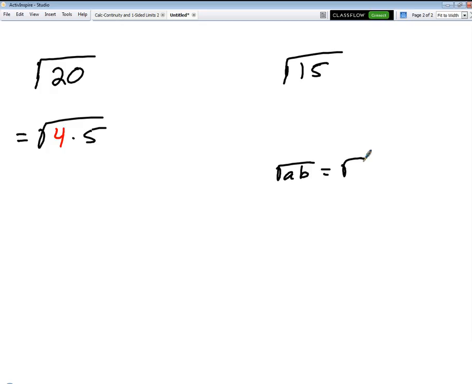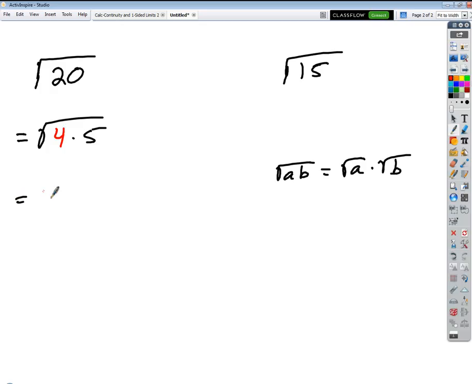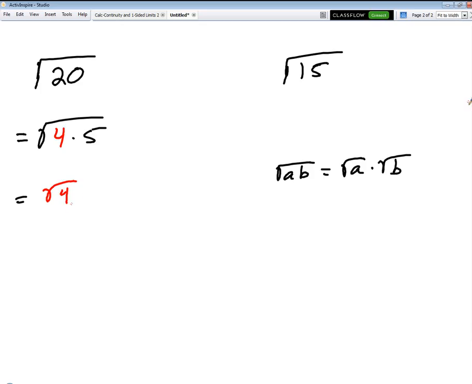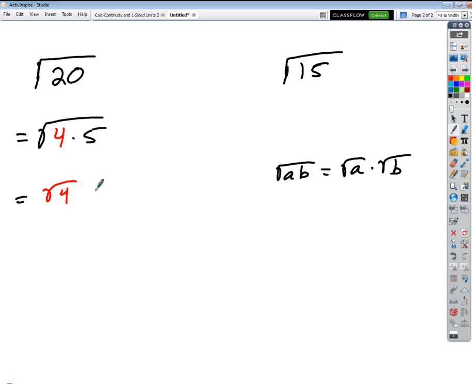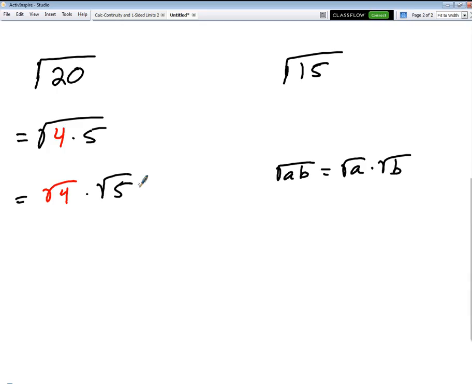So I can break that up into the square root of A times the square root of B. That's always true. So all I'm really going to do here is I'm just going to write this as square root of 4 times square root of 5. And what is the square root of 4? 2.